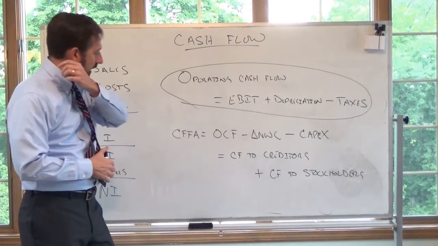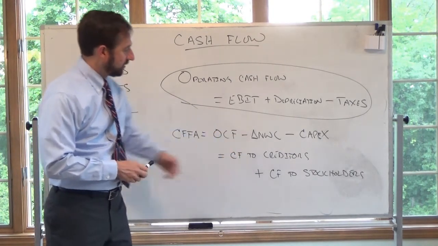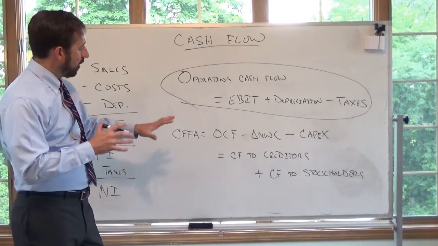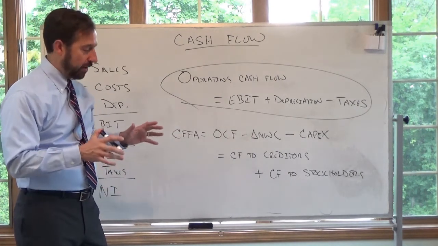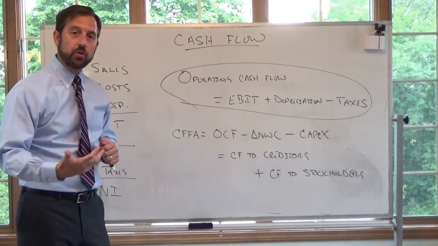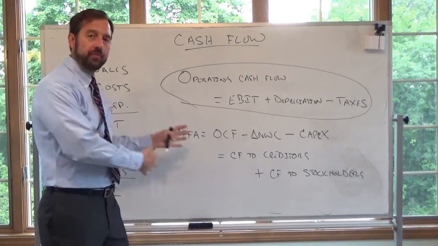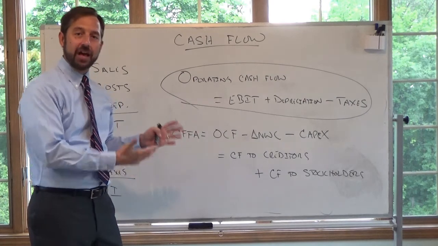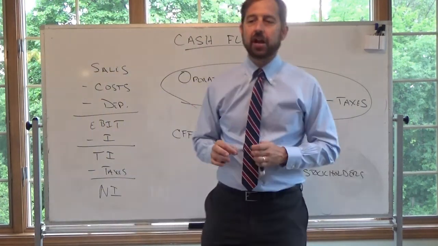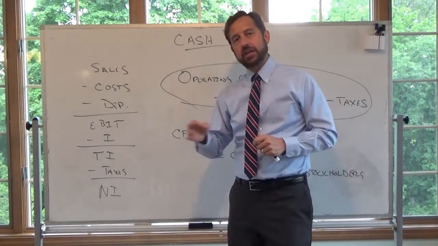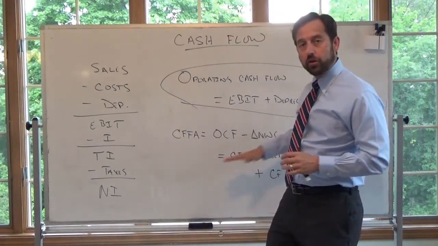I don't want to bog us down in the calculations of these things, but one important point, and this is important for you going to work somewhere. Sometimes this will be called free cash flow. You might hear the term free cash flow. One thing to note is the actual calculation of free cash flow will differ from industry to industry. This is kind of a broad look at free cash flow.